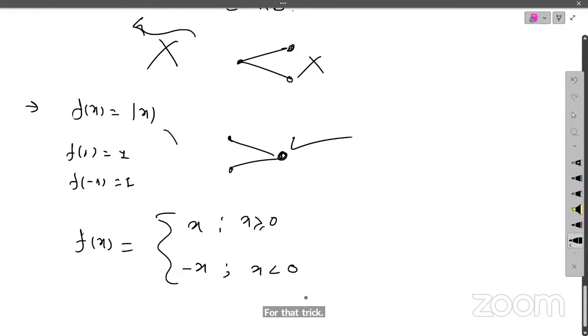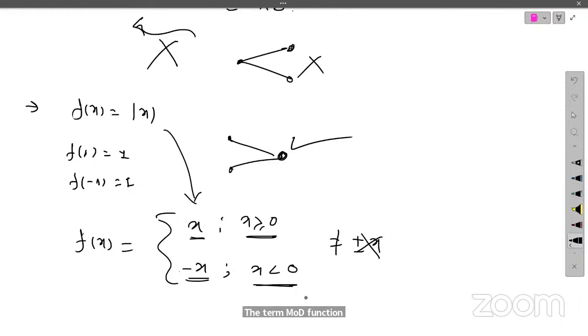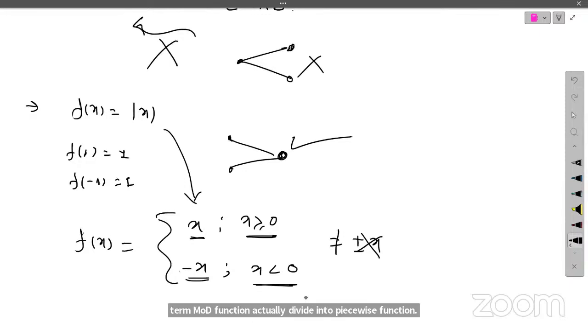That's how the mod function is defined. It's not the same as plus or minus of x. When x is greater than 0, the function behaves like x, and when x is less than 0, the function behaves like minus x. That's how the mod function divides into a piecewise function. Okay, thank you.